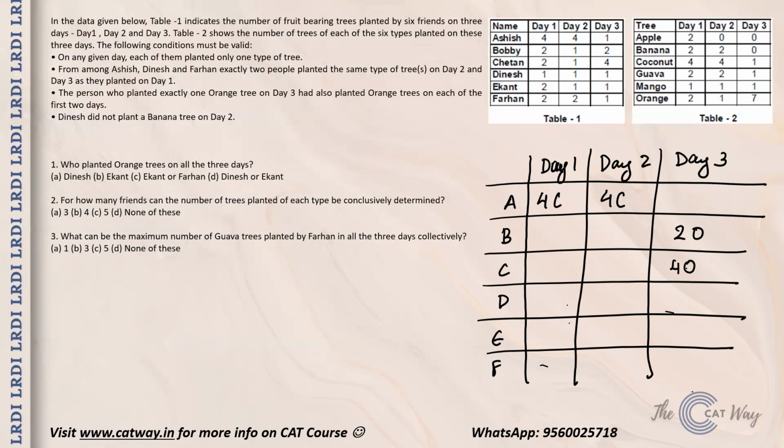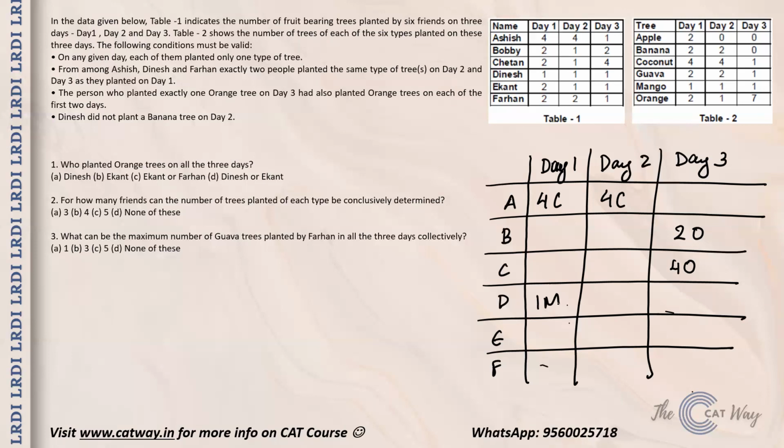Now, one more thing, if you look at Dinesh, Dinesh planted only one tree on day 1, right? And the only possibility is that the one tree he planted was a mango. Why? He could have planted any other type, let's say banana.